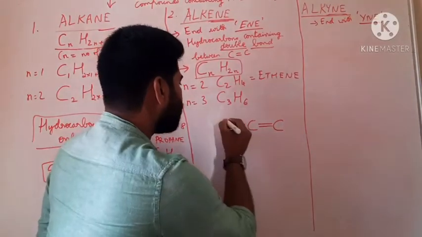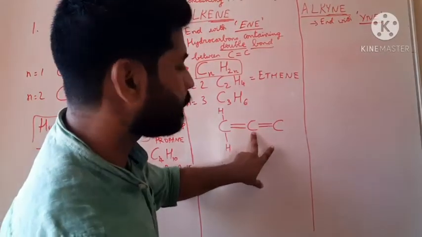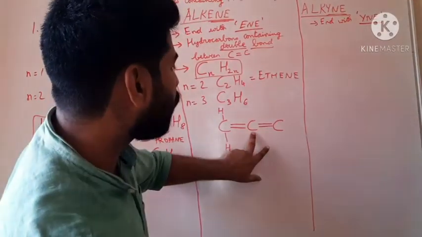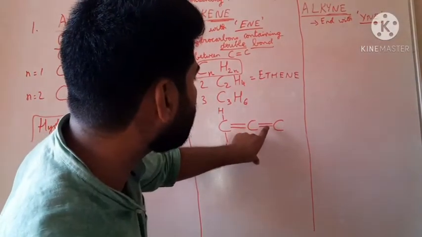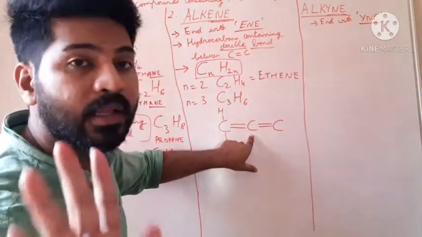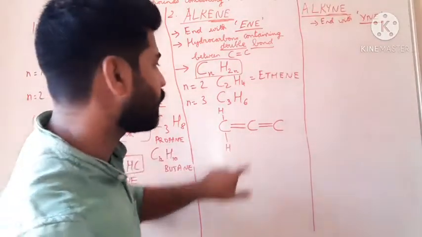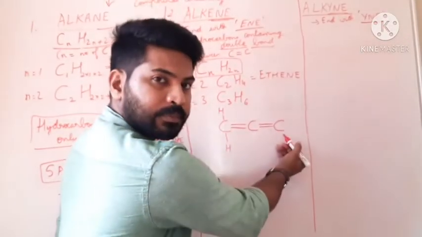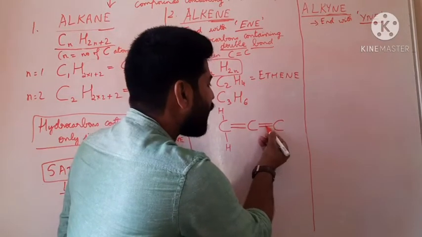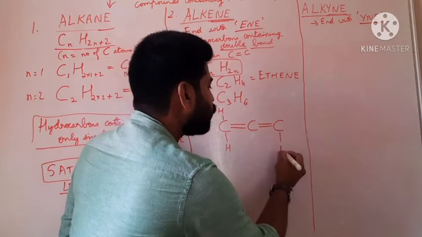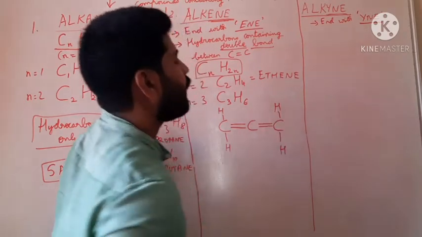So let us add the hydrogen atoms here. This carbon atom is already completely stable. Why? Because 1, 2, 3, 4. Its valency is already satisfied. So you can't add any hydrogen atoms here. Then we have this carbon atom. It also has 2 valencies occupied. It requires 2 more valencies, so we can add 2 more hydrogens.